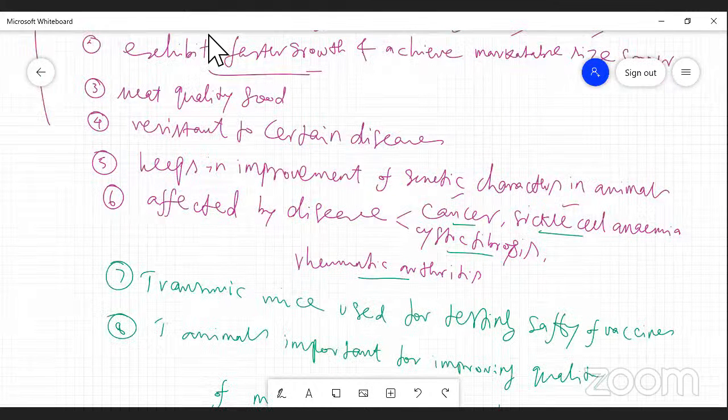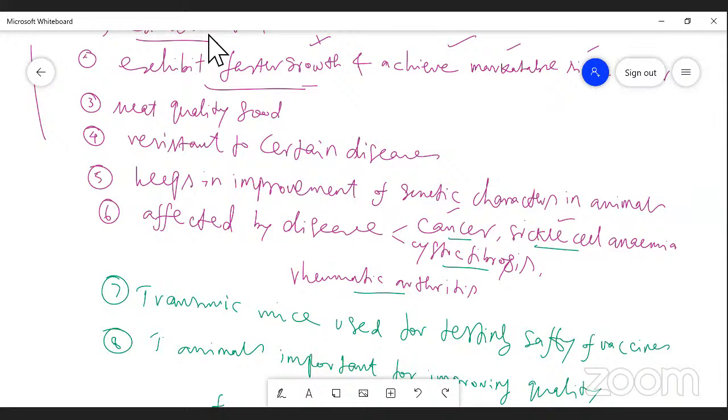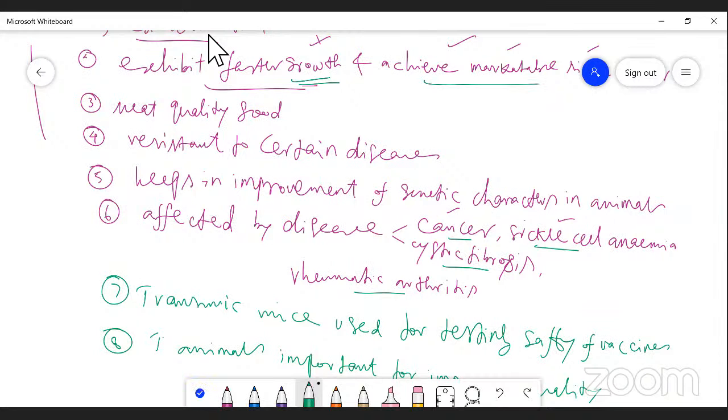Most of the transgenic animals' growth is faster, so they achieve marketable size sooner, in a short time. Most transgenic animals have good meat quality. Most are resistant to certain diseases, not all diseases.